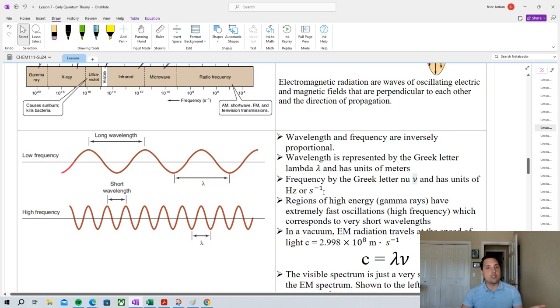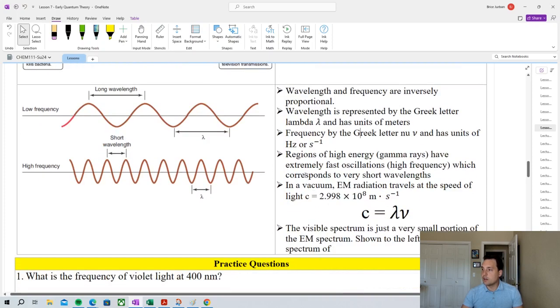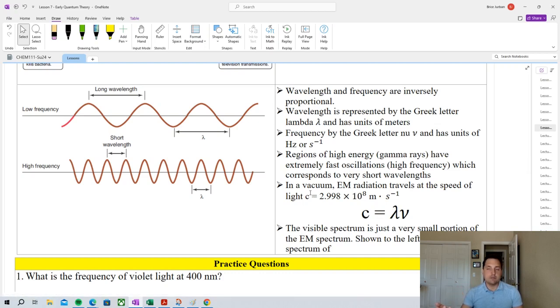We never write cycles per second, though. The cycle is implied. So we'll see inverse seconds and meters. And then high energy, we'll talk about in a little bit, is associated with high frequency and short wavelengths. The speed of a wave is its wavelength times its frequency.